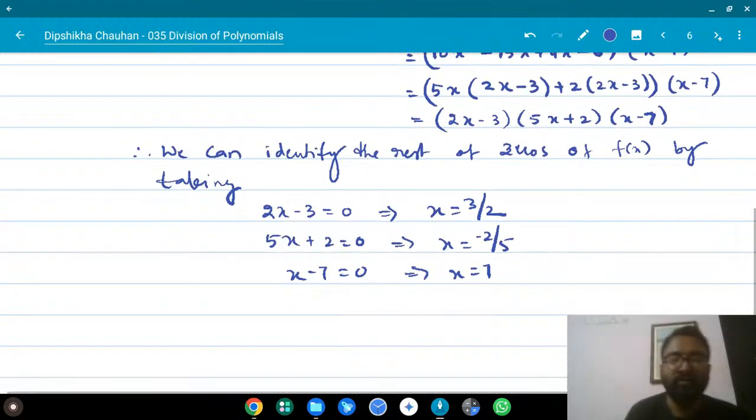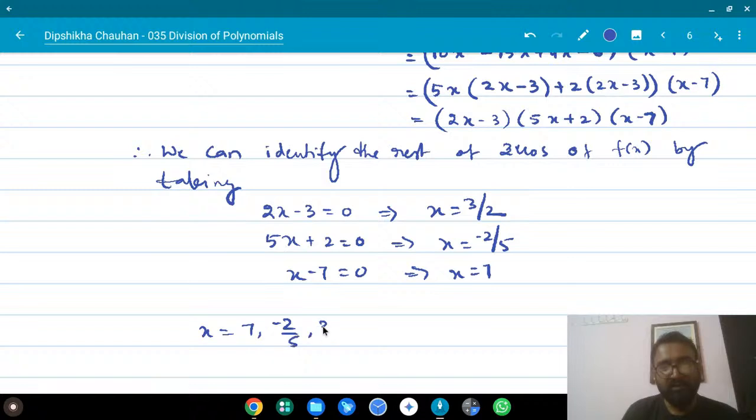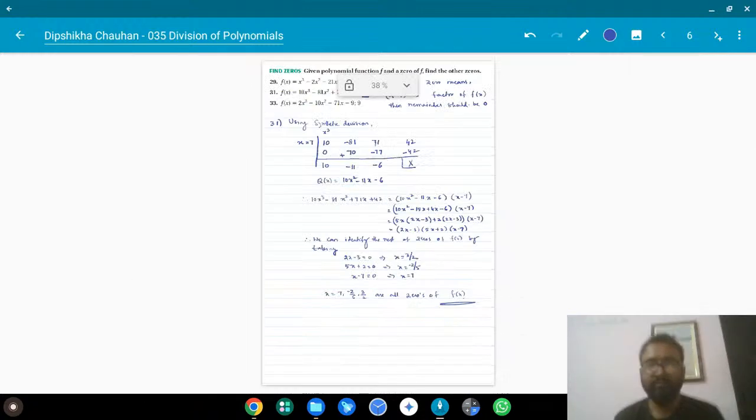So x equals 7, minus 2 by 5, and 3 by 2 are all zeros of f of x. This is the solution. Clear?